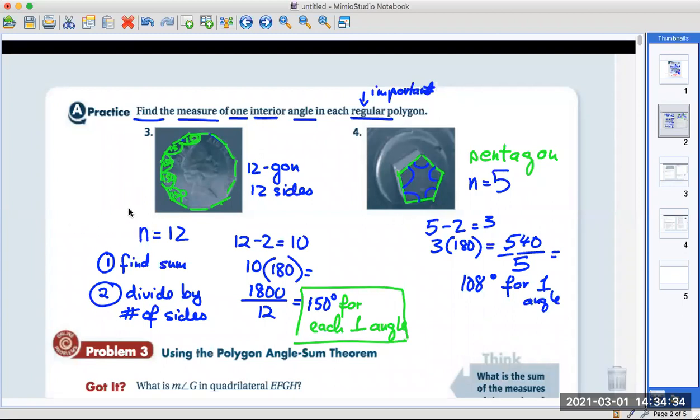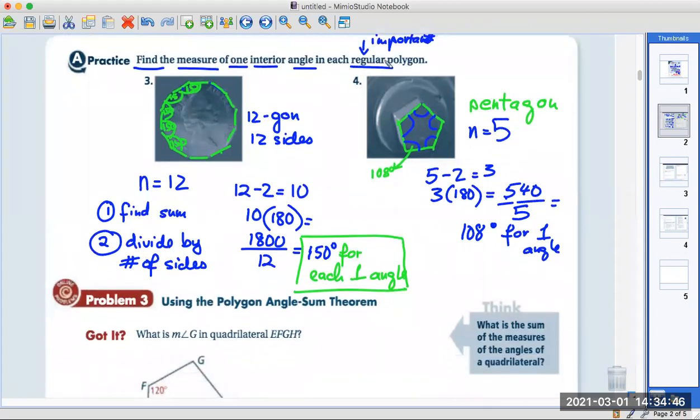You see? Each one of these, they're all the same because it's regular. And so there you go. That's how you find one angle if it's a regular polygon. The steps are right here. Pause the video, halt it, look at it again.